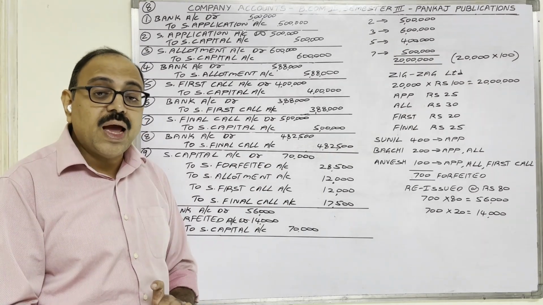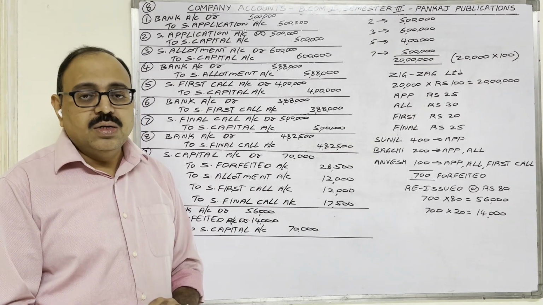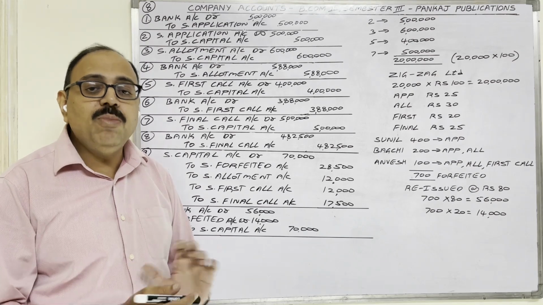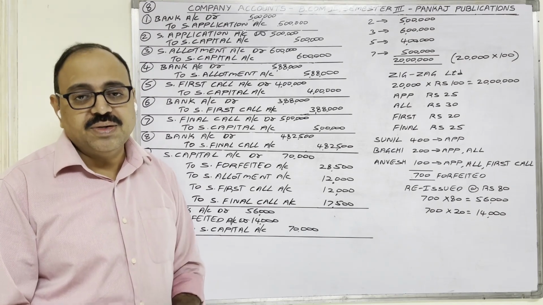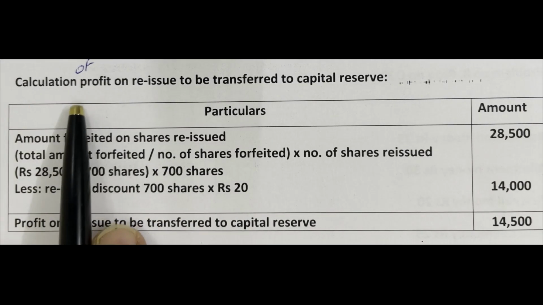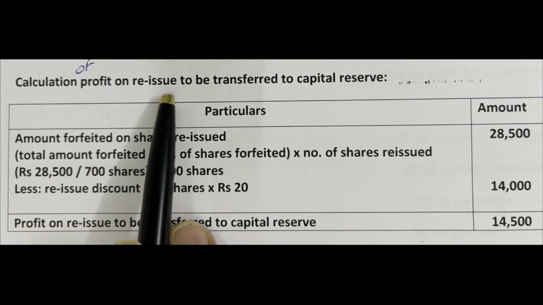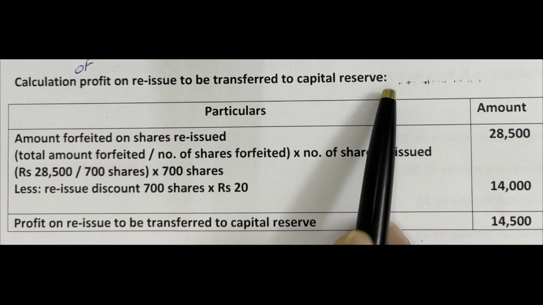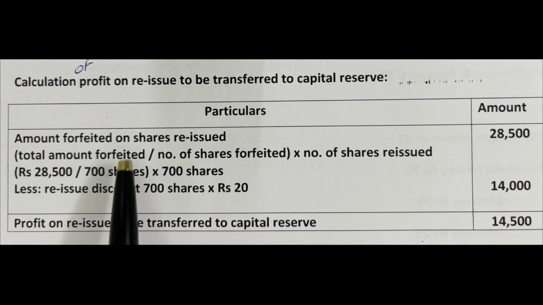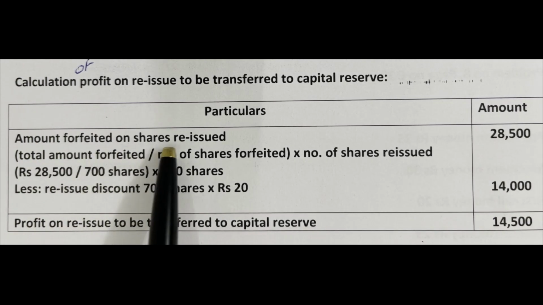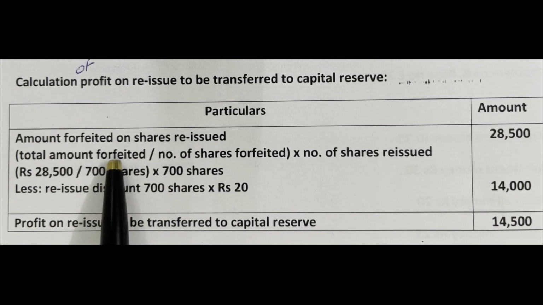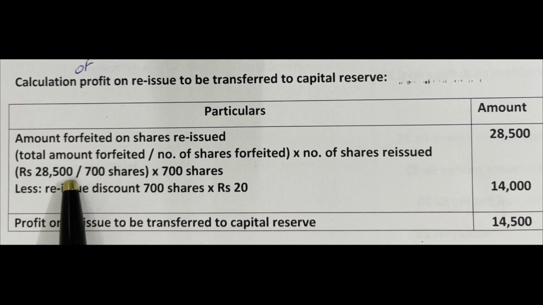That amount we have to calculate by using one formula. That calculation we have to show in a tabular form. Let us see that calculation. This is the table. Calculation of profit on reissue to be transferred to capital reserve. Particulars, amount. First one, amount forfeited on shares reissued. On forfeited shares, total how much amount company received? 28,500 rupees.